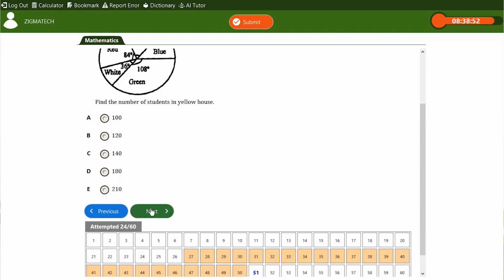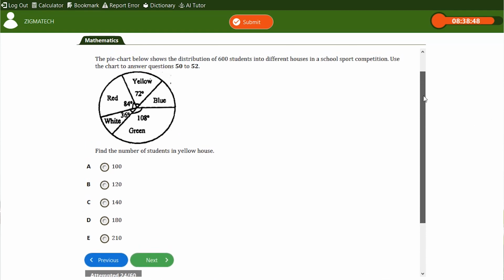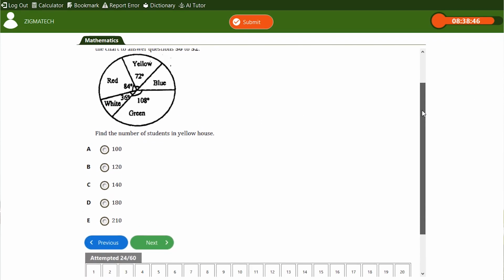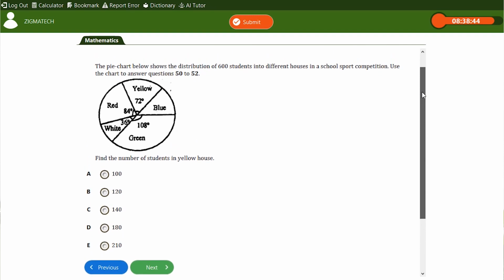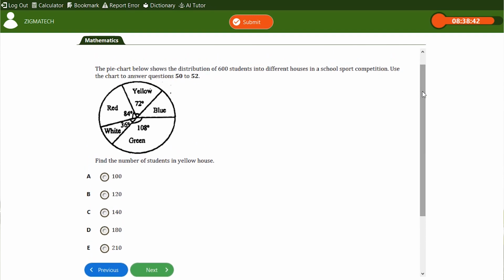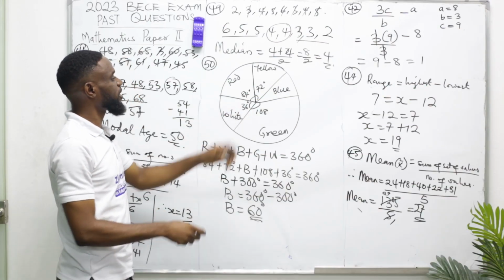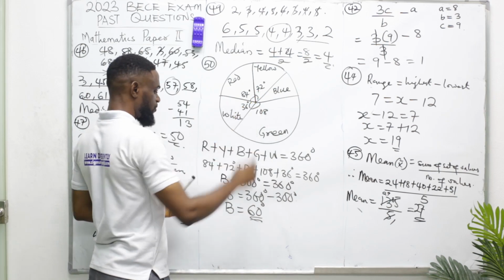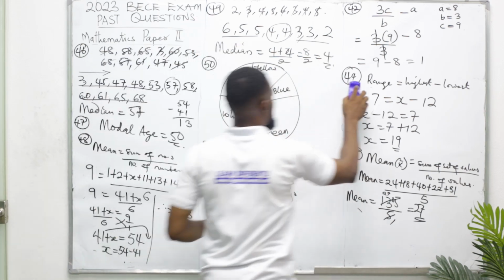All right. So we go to the next one. The next one says, find the number of students in yellow house. Now look at yellow house. The angle for yellow house is 72, right? And they're asking us to find the number of students for yellow house.